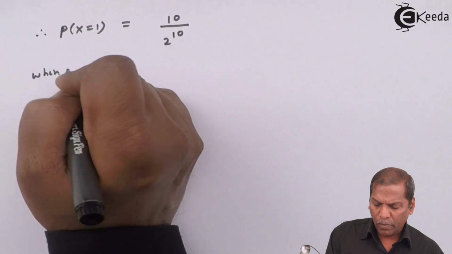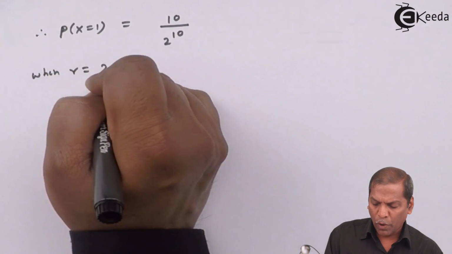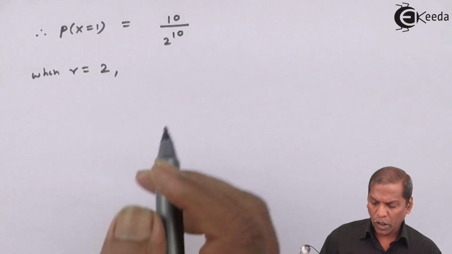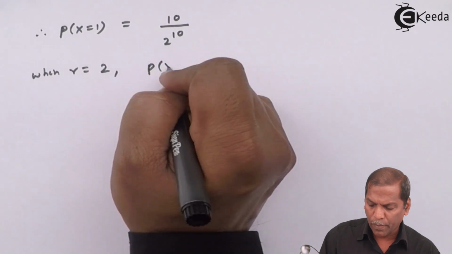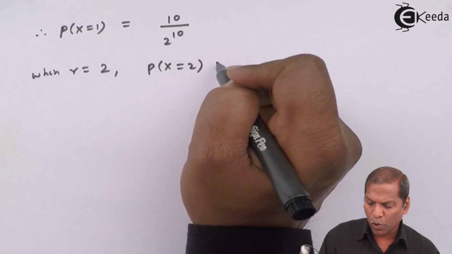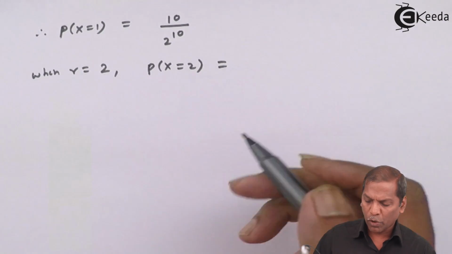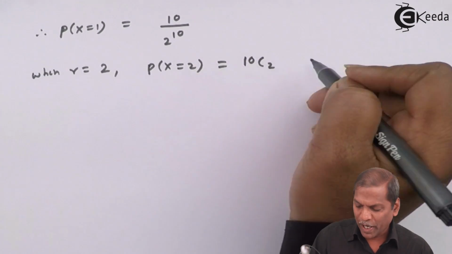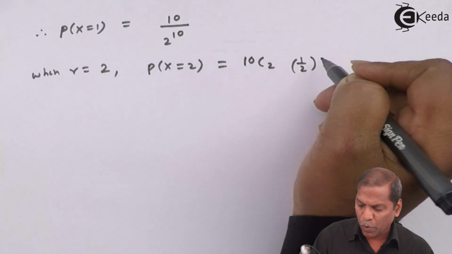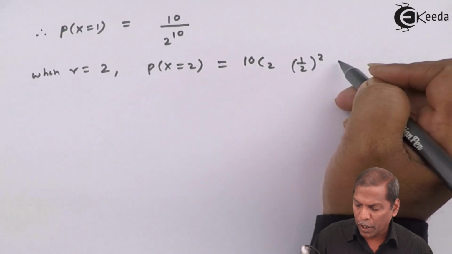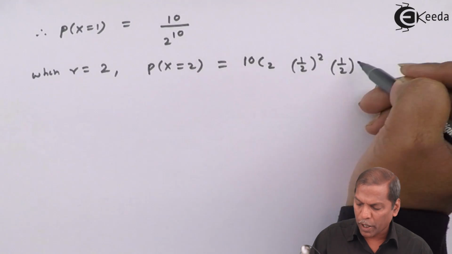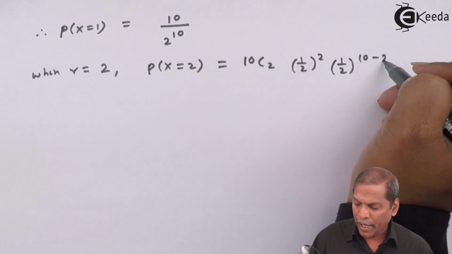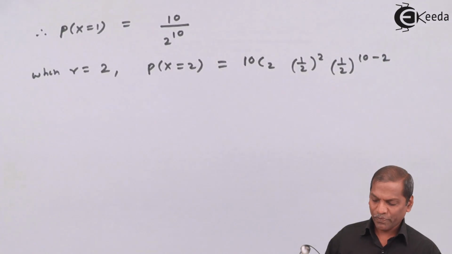Then when r takes value 2, we have probability x equal to 2, that equal to 10C2 into 1 by 2 raise 2 into 1 by 2 raise 10 minus 2.